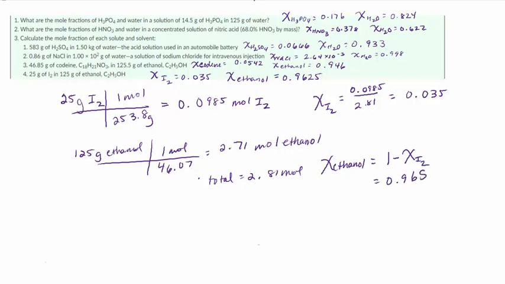That's incorrect. Now, if we were to calculate the mole fraction of ethanol just by itself, I would take the moles of ethanol and divide it by the total moles. And when I do that, I get 0.964. So you see, variation in this last digit, I'm not going to worry about. You see, it's very close. So we can use this 1 minus as a shortcut.